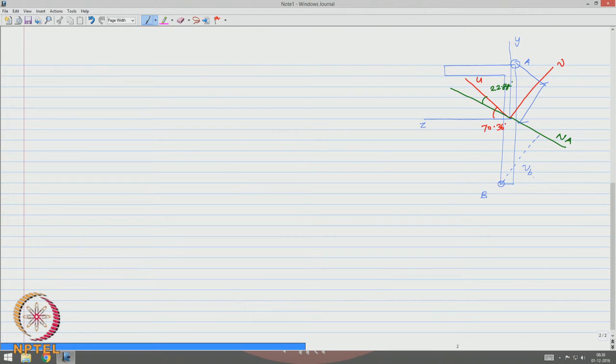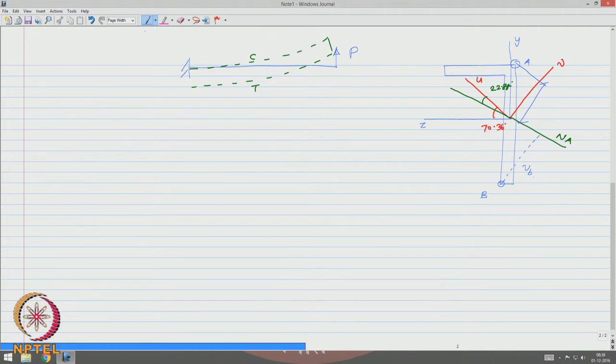Obviously, for the given section subjected to an upward load P, the section is going to bend this way. So, the top members will be in compression, the bottom in tension.